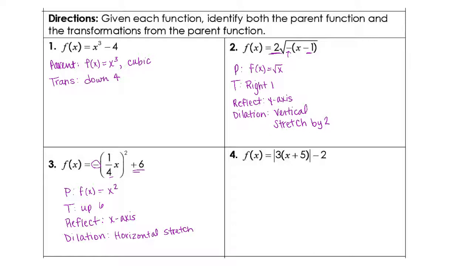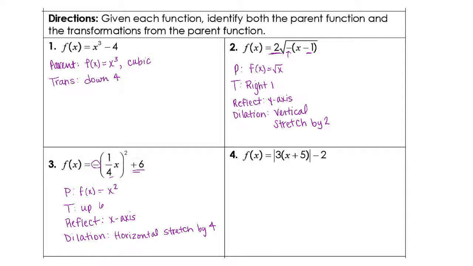So we have a horizontal stretch, and it's going to be the reciprocal of that number. So it's a horizontal stretch by 4. And again, you can find all of the information for that under your dilations part of your reference guide.